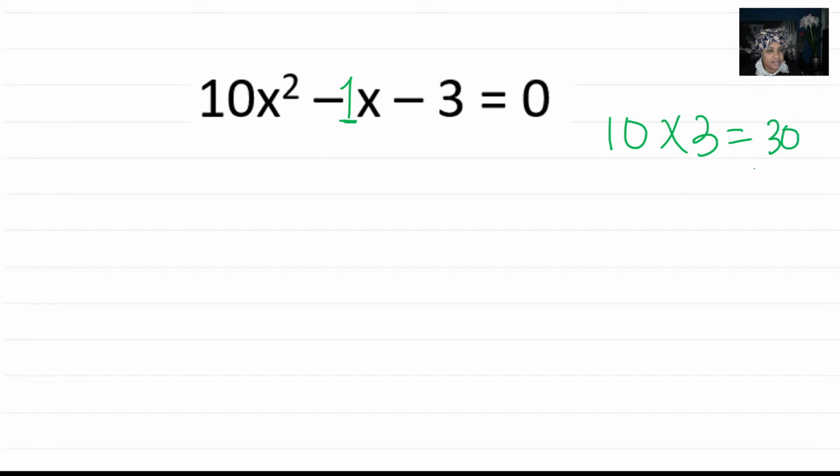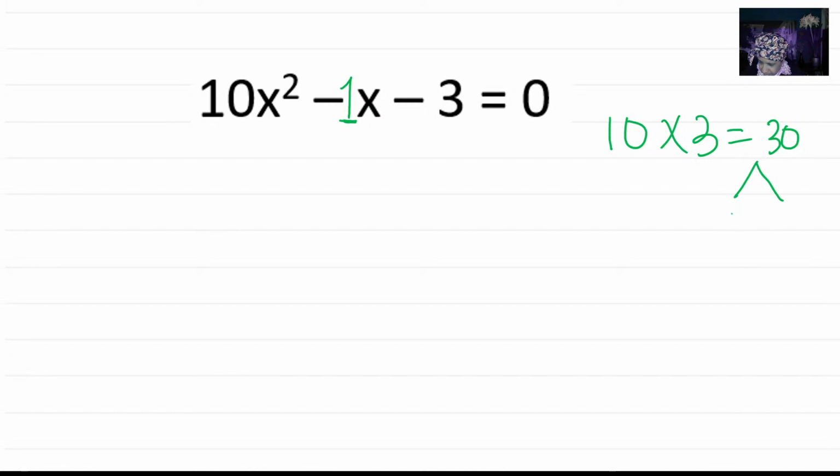And then you look at 30, which numbers will multiply to make 30, but when you add or subtract will give you a -1. Well, there is 3 times 10, that's not going to work, and then 15 times 2, that will not work. Is there someone saying anything?